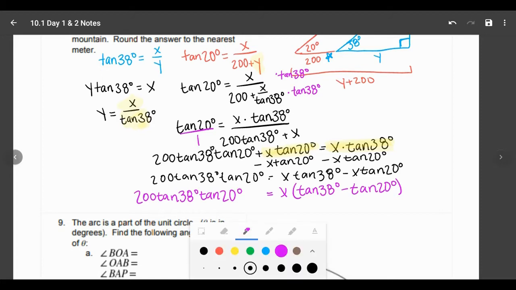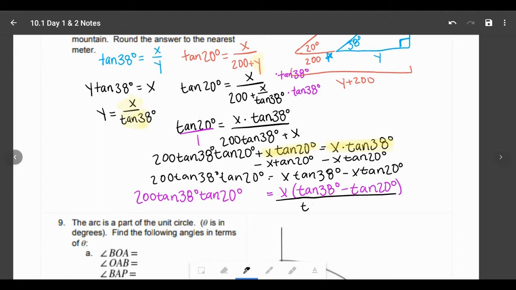And then my final step, I'm solving for x, remember, so I'm going to divide both sides by this tan of 38 minus tan of 20 degrees. What you can do now is plug this entire left side into your calculator.